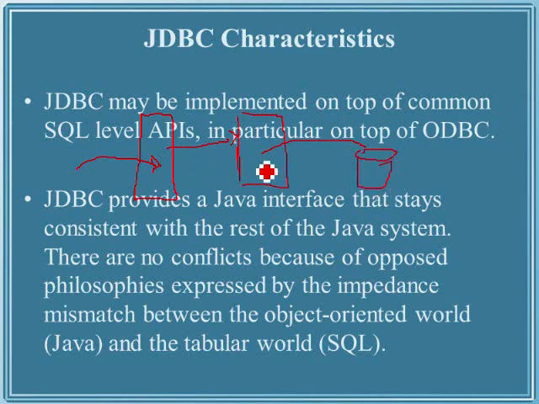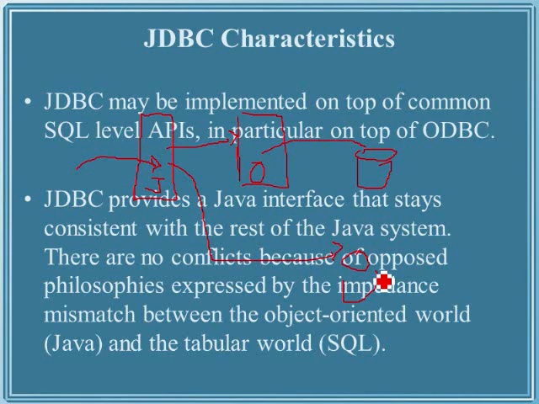So you have this ODBC here and this JDBC here. You send it to JDBC. JDBC won't directly talk to the database. It goes to ODBC, and ODBC in turn makes the request. So this is one way. The other way is that you send it directly to the database. That is also possible.